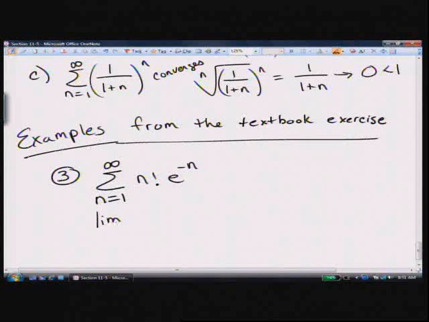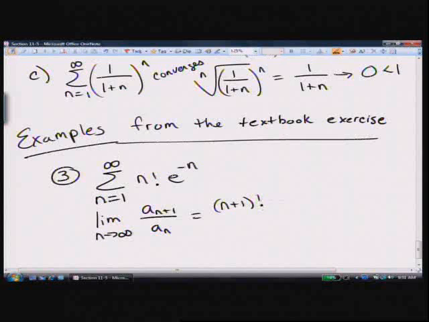So I'm going to look at the limit as n goes to infinity of a sub n plus 1 over a sub n. Okay. So that'll be n plus 1 factorial over e to the negative n plus 1 over n factorial e to the negative n. All right?